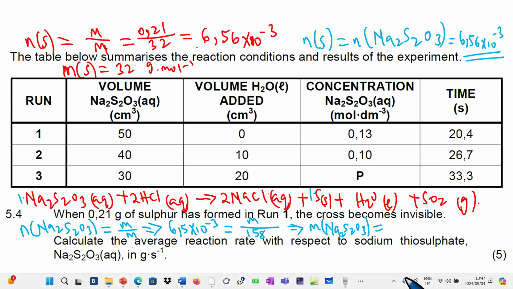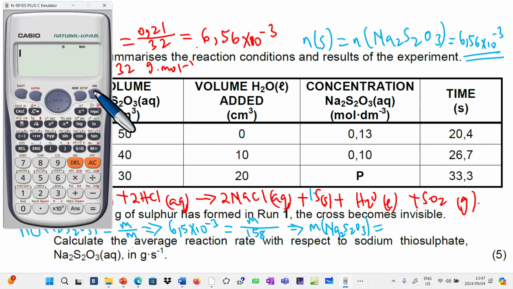Let's do the cross multiplication: 6.5 times 10 to the minus 3 times 158. So the mass would be about 1.03.